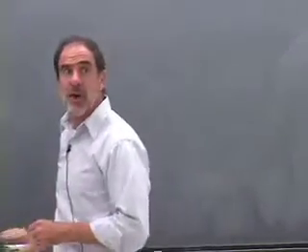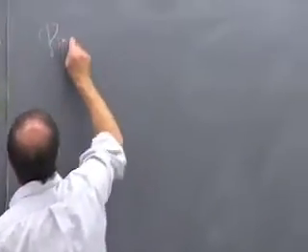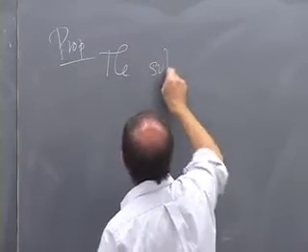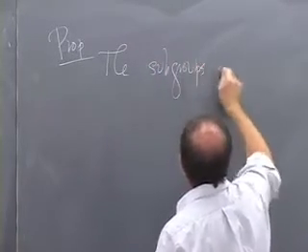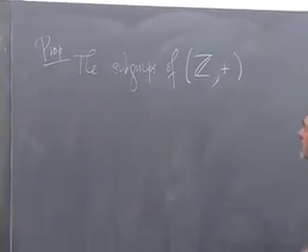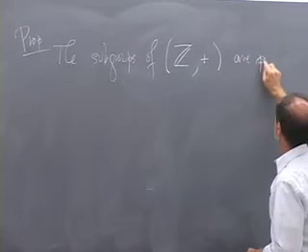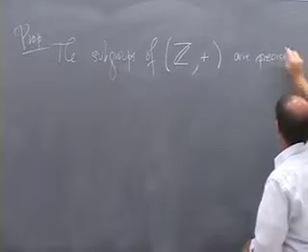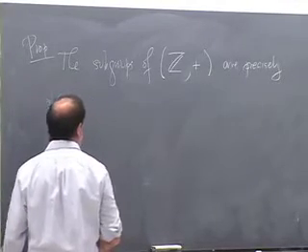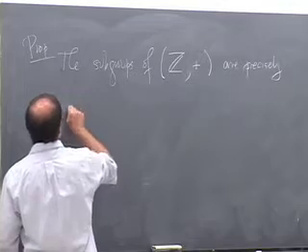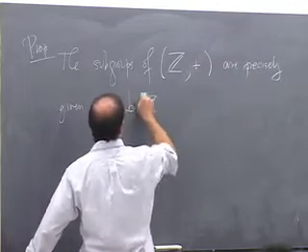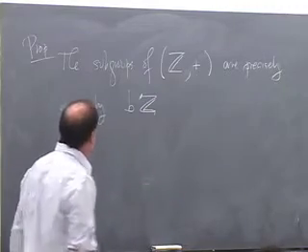So here's a proposition I'll prove for you. Proposition. The collection of the subgroups of the integers under addition, that's an abelian group, are precisely given by nZ, all multiples of a fixed integer under addition.